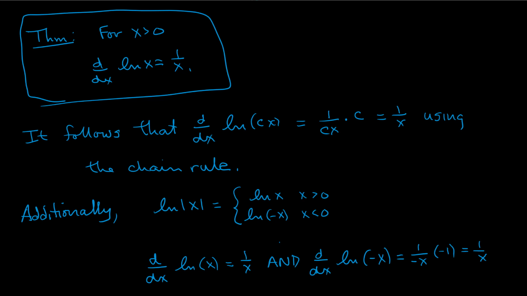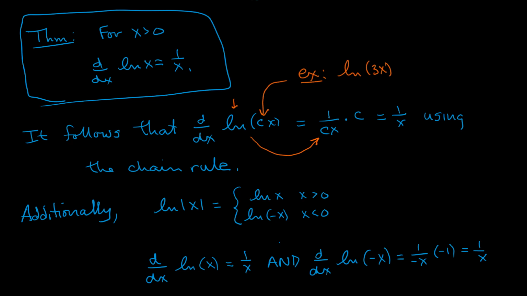From that, it follows that if we have some coefficient times x, for example, something like the natural log of 3x, we should be able to take the derivative of that using the chain rule. Using the chain rule here, the derivative of the natural log is going to give us 1 divided by c times x.